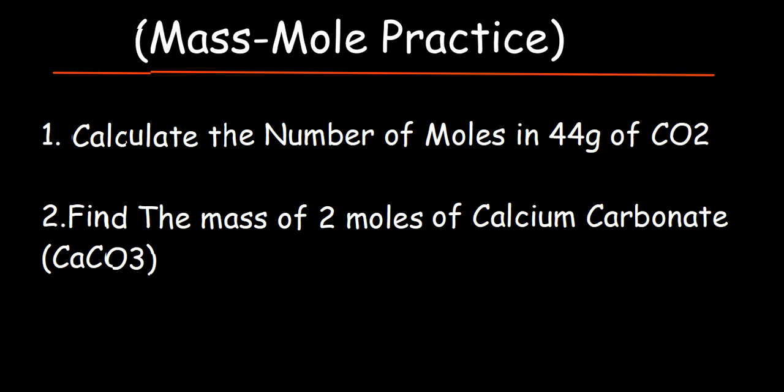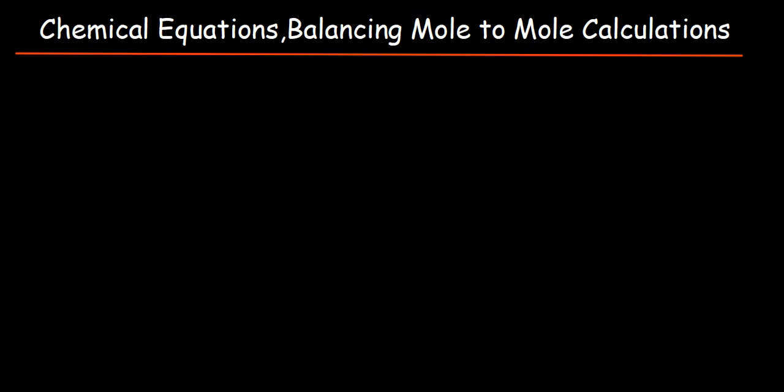Now, let's keep the momentum. Chemical equations, balancing, mole-to-mole calculations. Up to now, we've learned what the mole is and how to convert between mass and moles. Now comes the game changer: chemical equations. Stoichiometry does not work without a balanced equation.